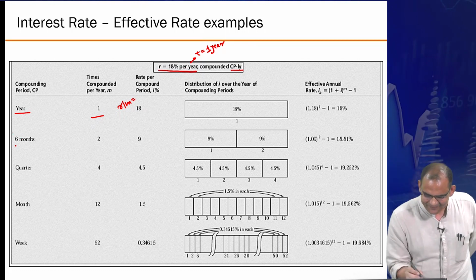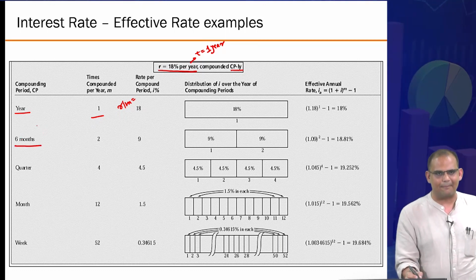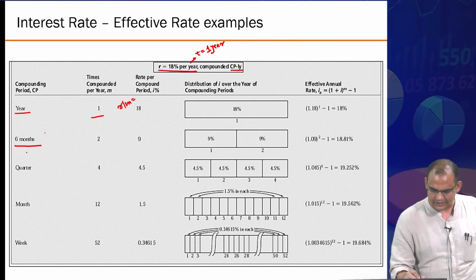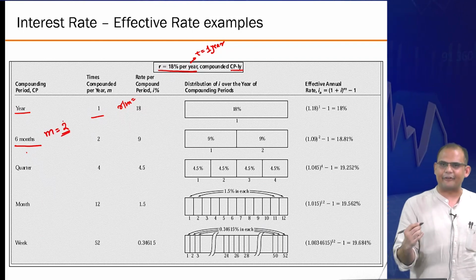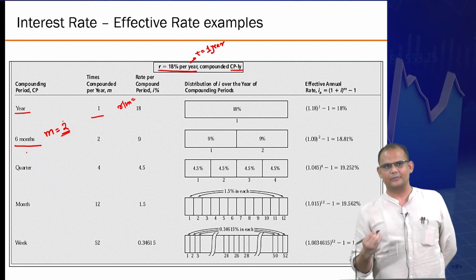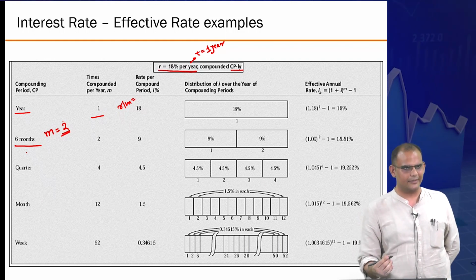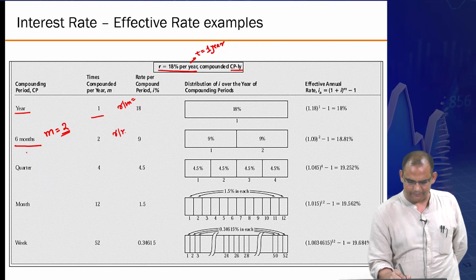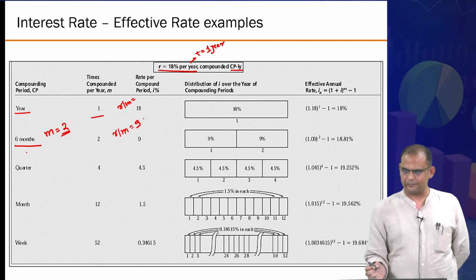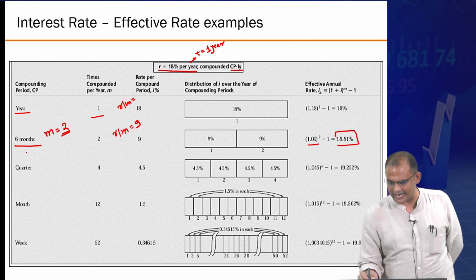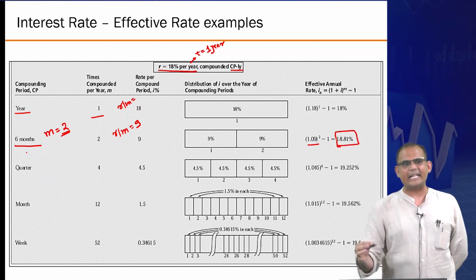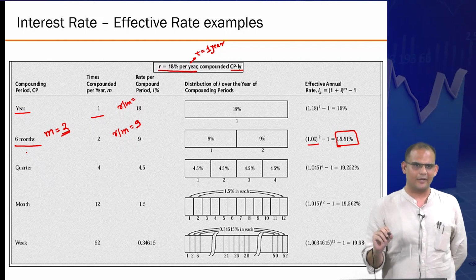No, it is not. Let's say a case of compounding happening every 6 months. So what is M? So your effective rate per 6 months, what will it be? r by M, right? Put in the formula, you are getting the final effective rate to be 18.81%.